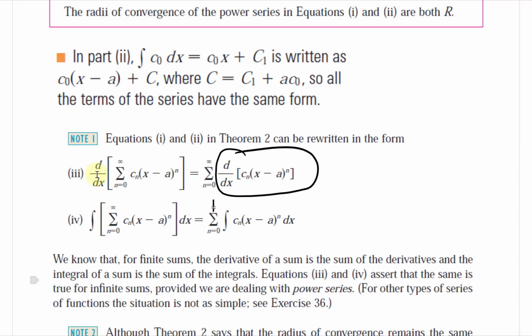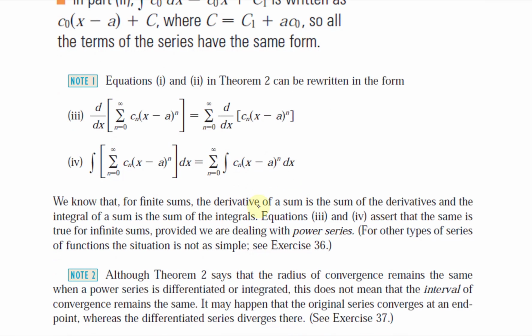So the derivative of the series is equal to the summation of the derivative of every single term, d over dx of cn times (x minus a) to the power of n. And likewise, the integral of the entire series, the integral of the summation from n equals 0 to infinity of cn times (x minus a) to the power of n dx, is equal to the summation from n equals 0 to infinity of the integral of every single term, so the integral of cn times (x minus a) to the power of n dx. So yes, very fascinating stuff.